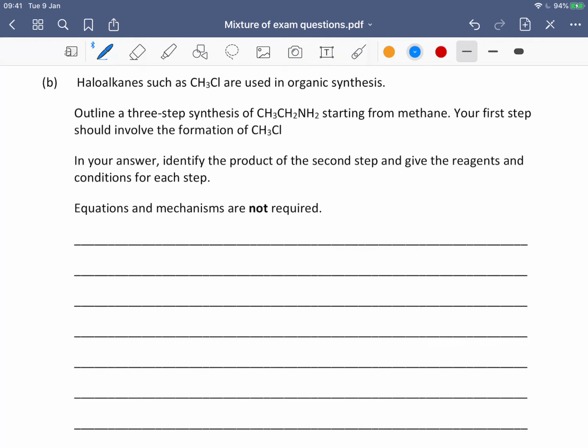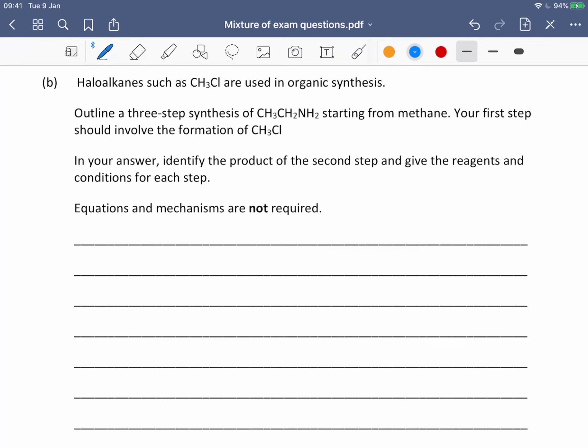So if it's a 3-step synthesis, we must have 4 chemicals, and they've given us 3 of them, so that's good. It's a 3-step synthesis, and they've told us that we've got to go from methane to chloromethane, and they've also told us that our final step must result in ethylamine. So they've given us essentially 2 of the steps.